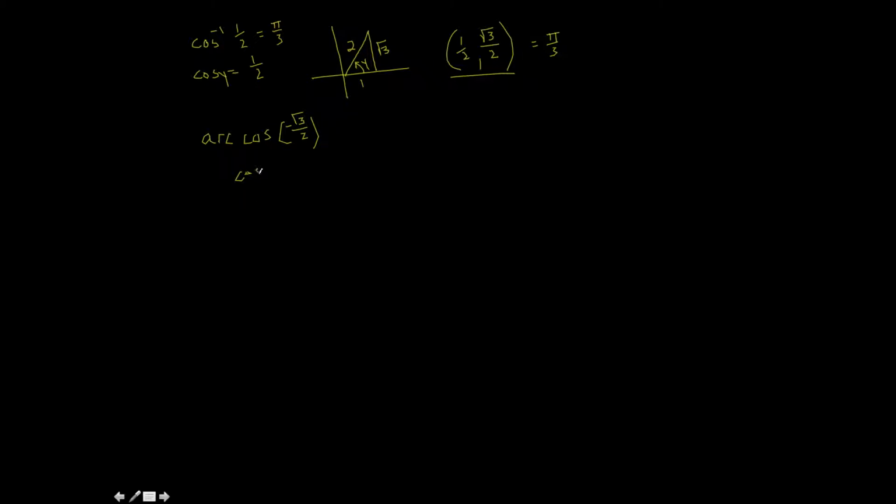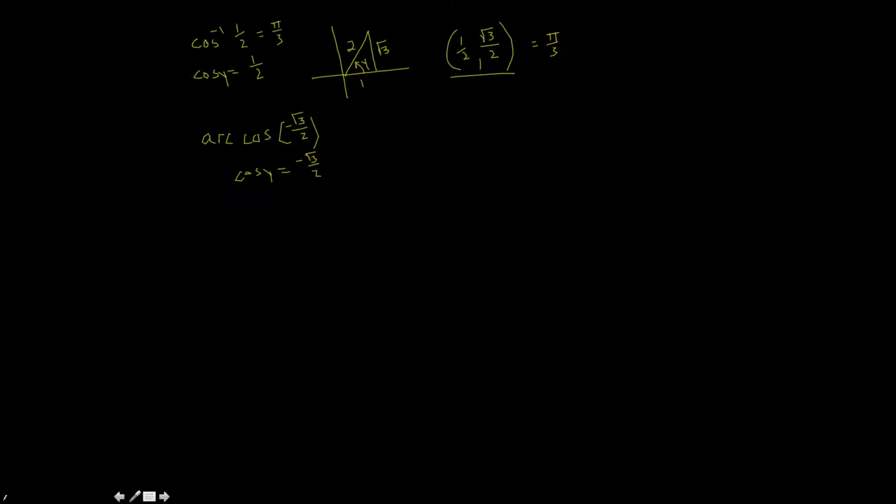This is the same thing as the cosine of y equals the negative square root of 3 over 2. So think of it like this. What angle between 0 and pi, because that's our restricted domain, remember, has a cosine of negative square root of 3 over 2. Now, if you're good with your unit circle, you're going to be able to figure that out very easily, okay?